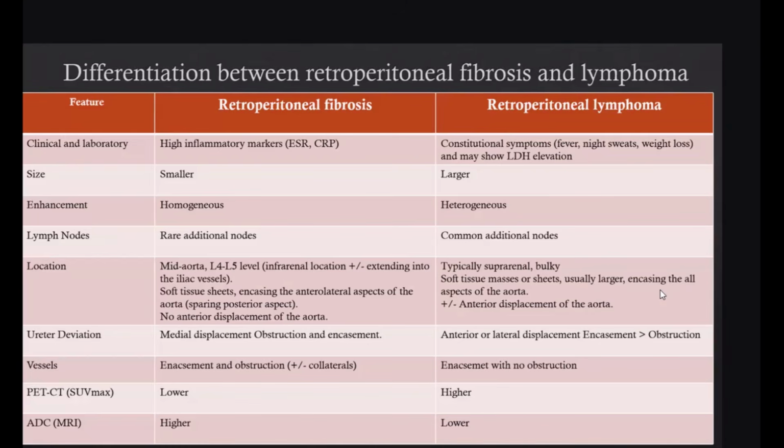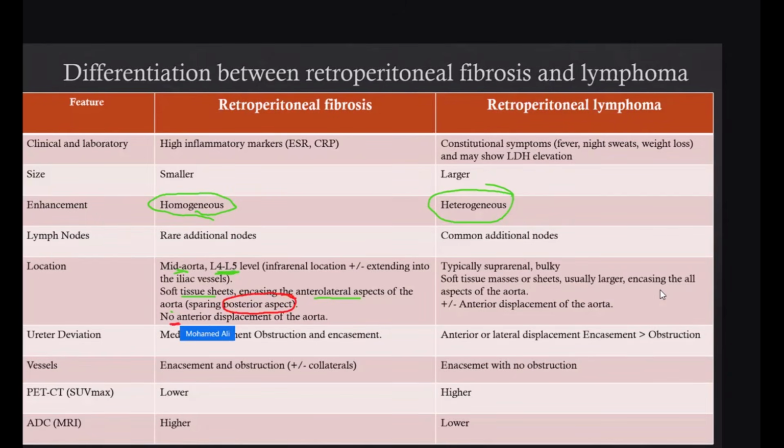We have multiple factors to differentiate, but remember these points. Retroperitoneal fibrosis is more or less homogeneous. Lymphoma is more or less heterogeneous. Retroperitoneal fibrosis is localized mid-aorta at the L4-5 level, and these soft tissue sheets encase the anterolateral aspect of the aorta and spare the posterior aspect of the aorta.